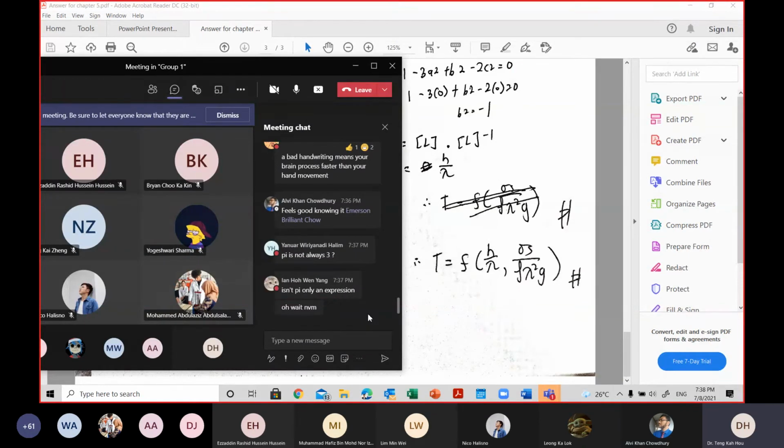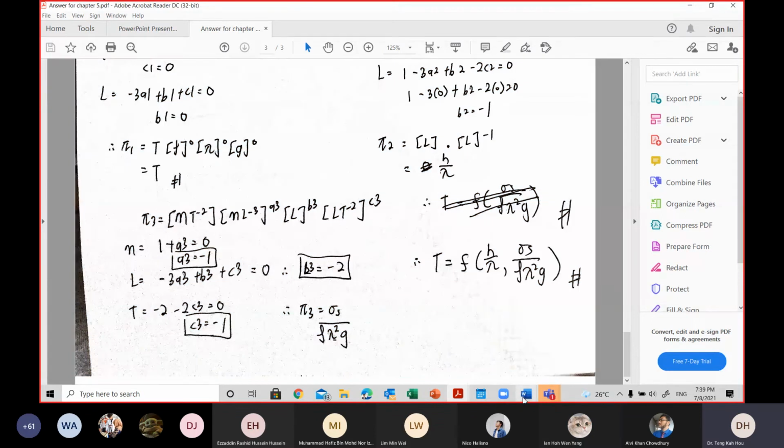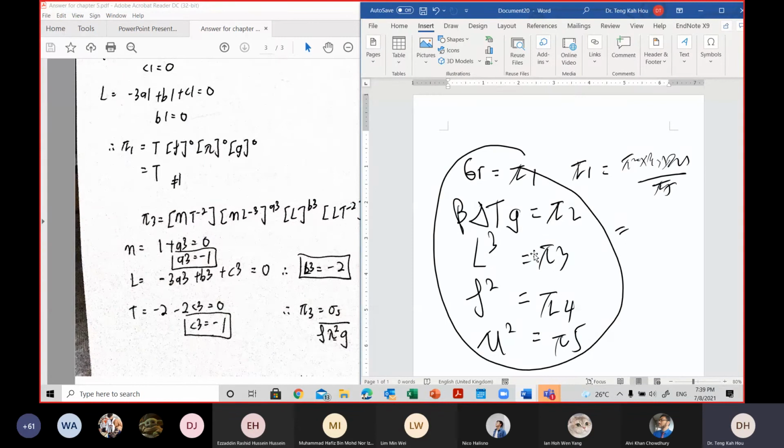Pi is not always 3. What do you mean? I think he means pi1, pi2, pi3. Yes, so what's the problem with that?